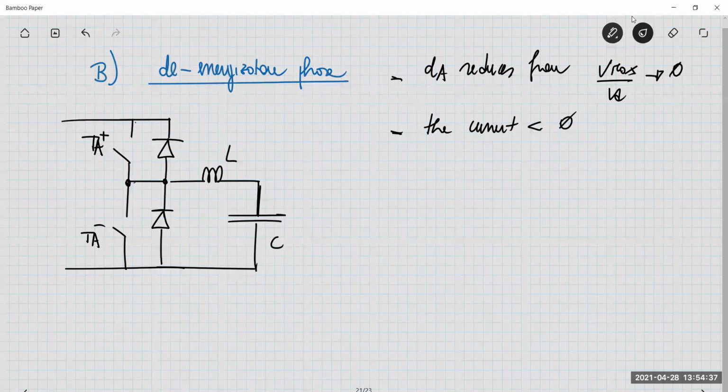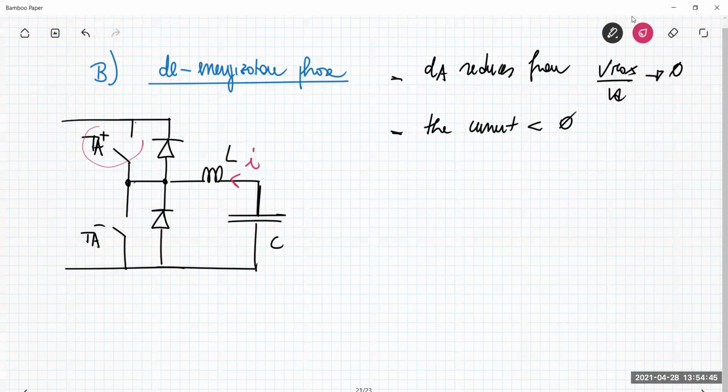So the current now enters. What happens is that when the current enters, the current cannot be conducted by the transistor Ta plus. It can only go to the diode Da plus, for example. Okay. This happens typically when you have IGBTs. When you have a MOSFET, the current can also be conducted by the MOSFET.